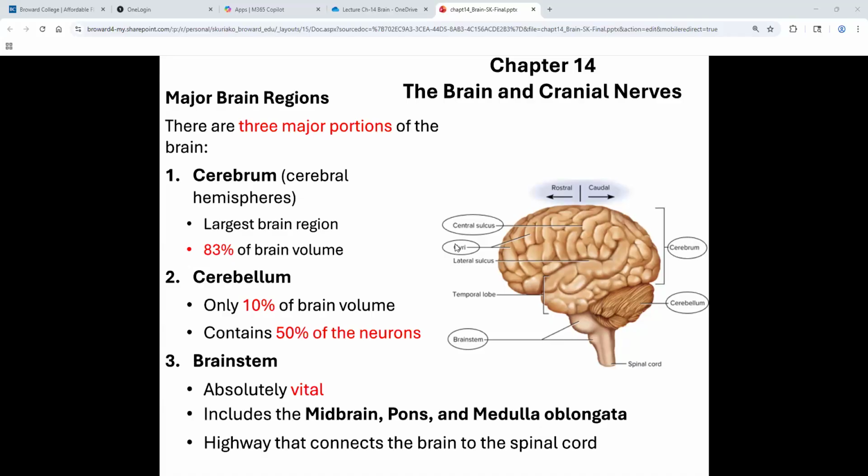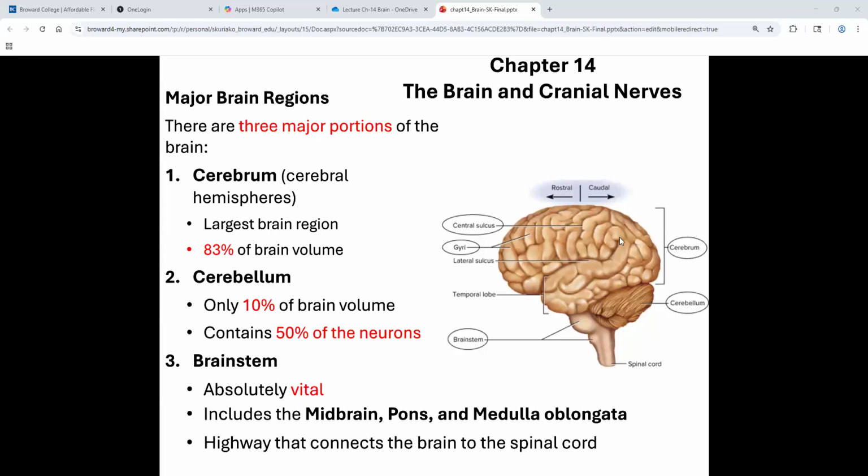All right. Okay. So today we are going to go into chapter 14, which is the brain and the cranial nerves. So if you look at the brain, it has three major regions, which is the cerebrum. Cerebrum is what you really think of when you think about the brain.